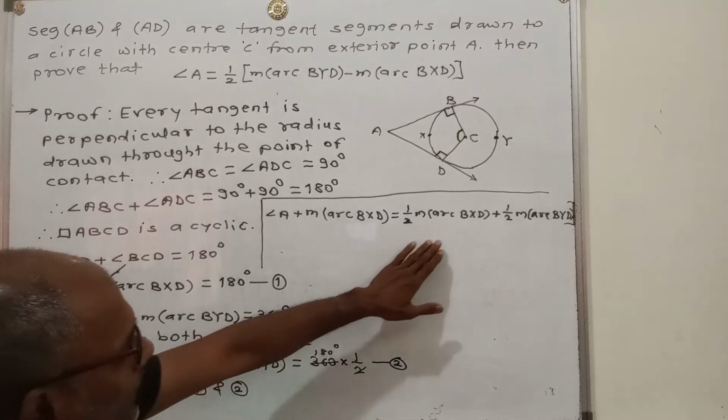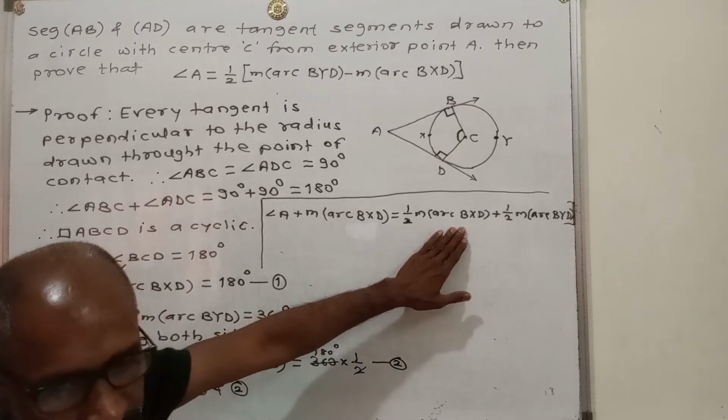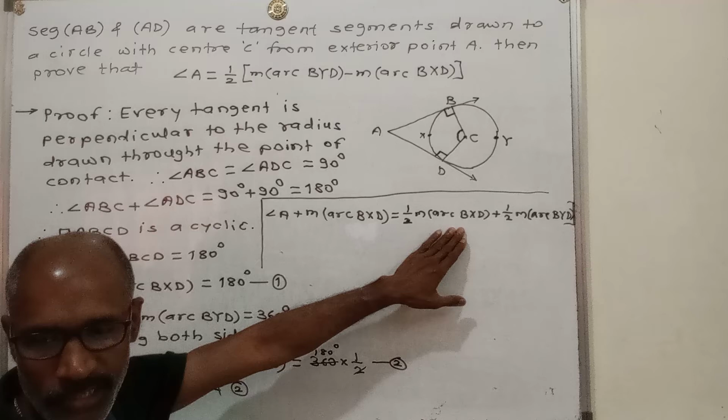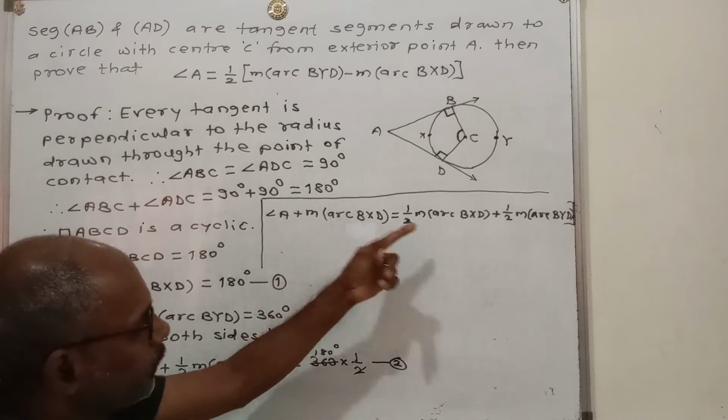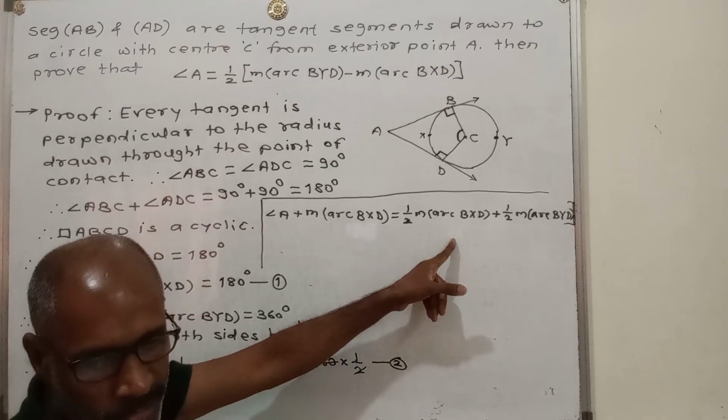Now we take major arc BXD to the right side.